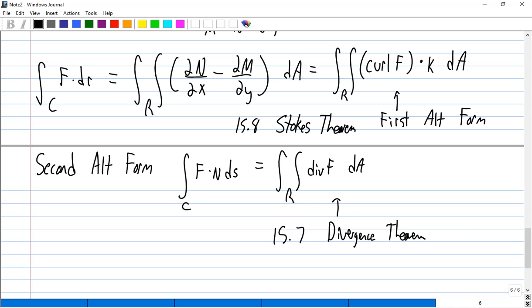So we'll work more with these in those sections. But from Green's theorem came these two, Stokes' theorem and the divergence theorem, which are like the last two topics that are generally covered in Cal 4. All right. And that's it for today.